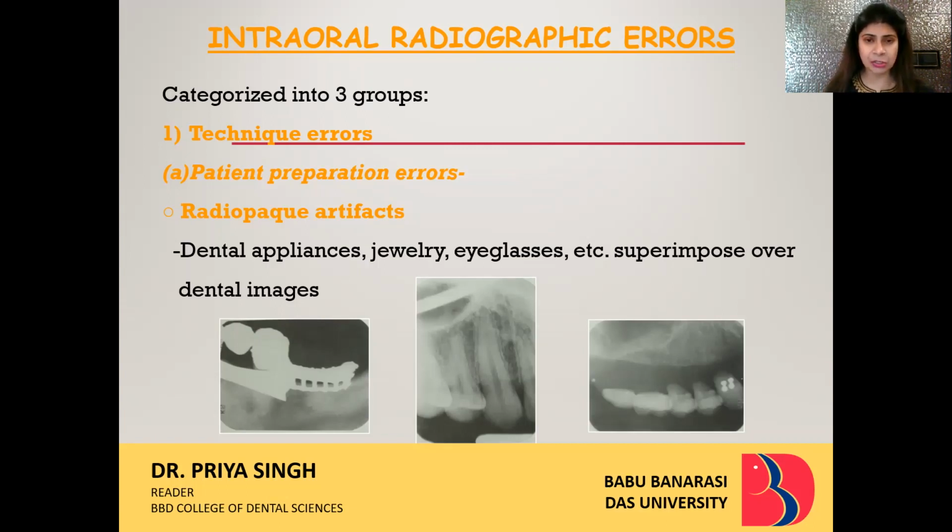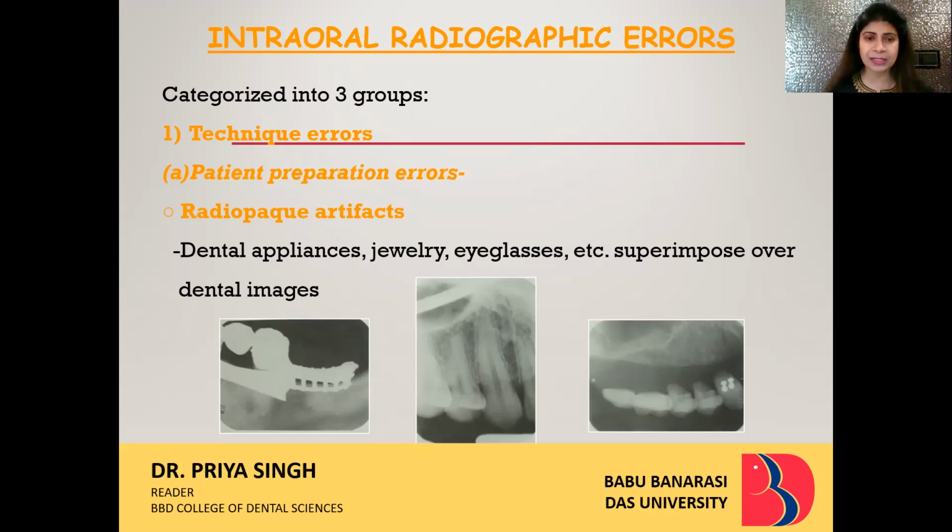So patient preparation errors, first of all, are radiopaque artifacts. If an error is made during patient preparation, it can be due to the presence of dental appliances, jewelry, eyeglasses, etc., which might superimpose over dental images.